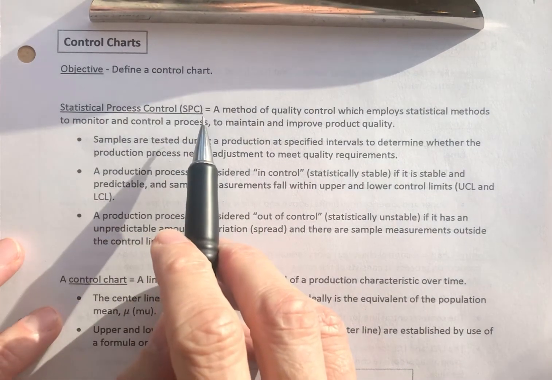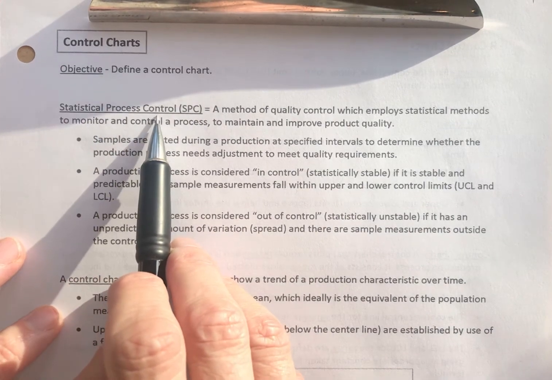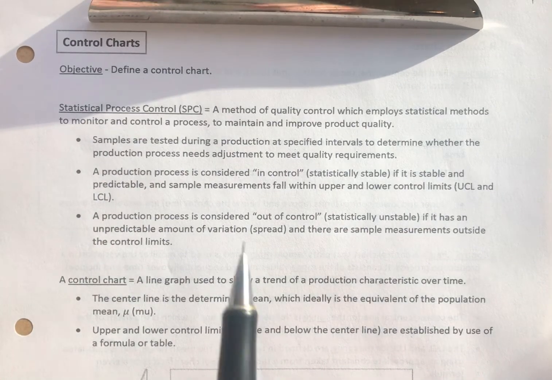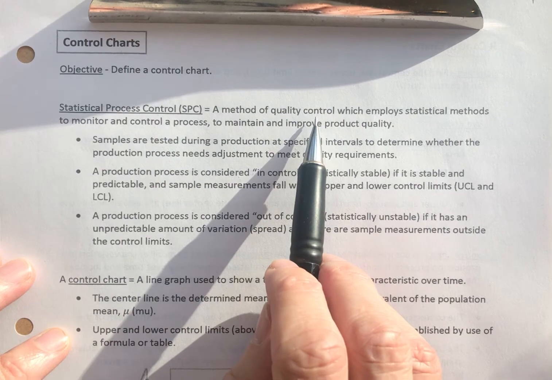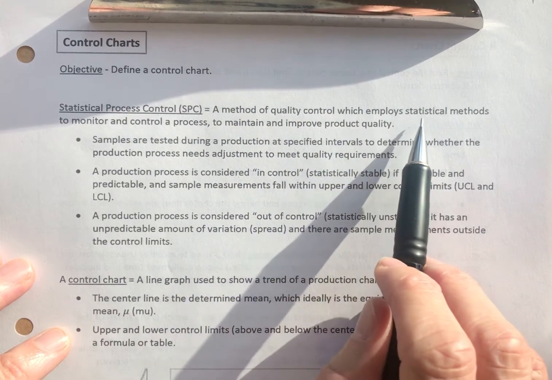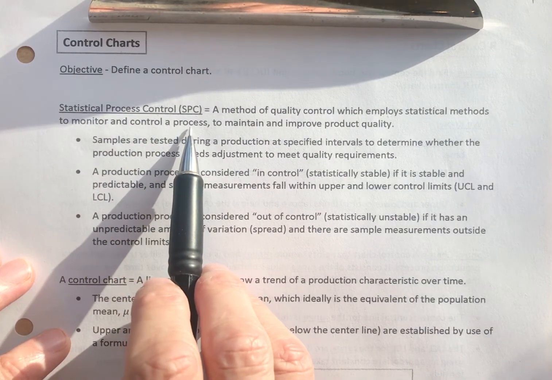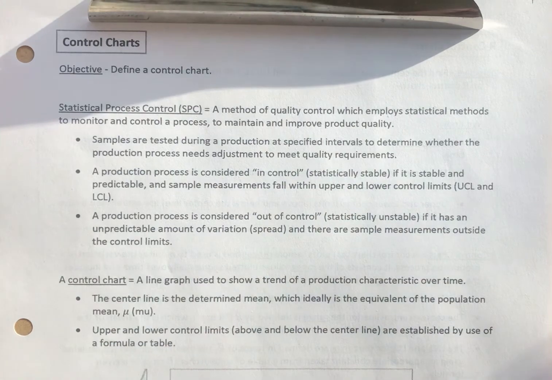Let's begin by defining statistical process control, abbreviated SPC. Statistical process control is a method of quality control which employs statistical methods to monitor and control a process to maintain and improve product quality.